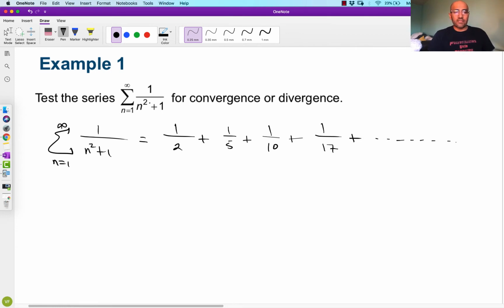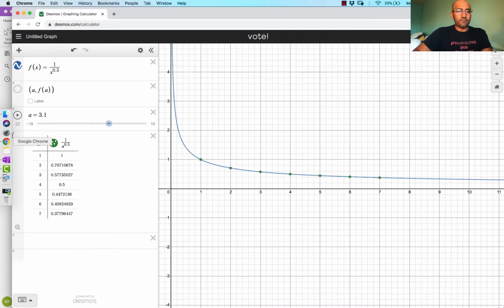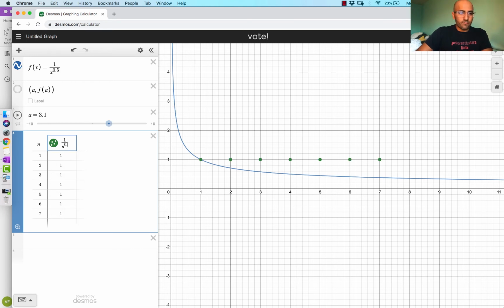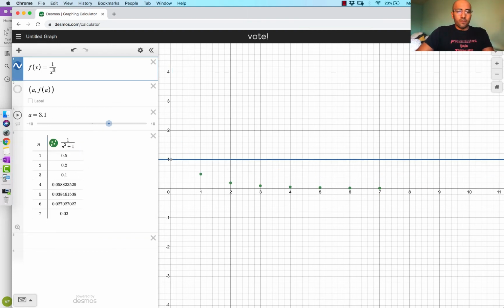All right, so this is a bunch of ordered pairs in our graph. Let's graph it on Desmos. Okay, so here these individual points represent the series that we're trying to add up.